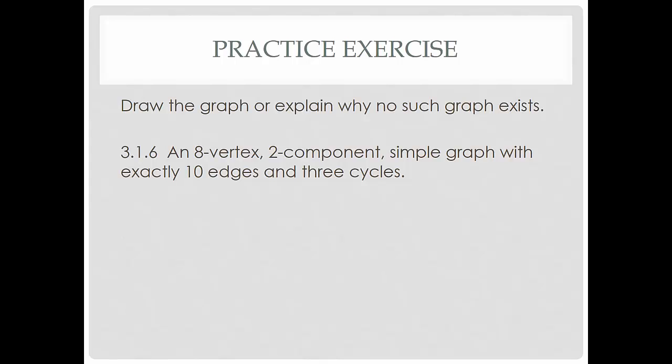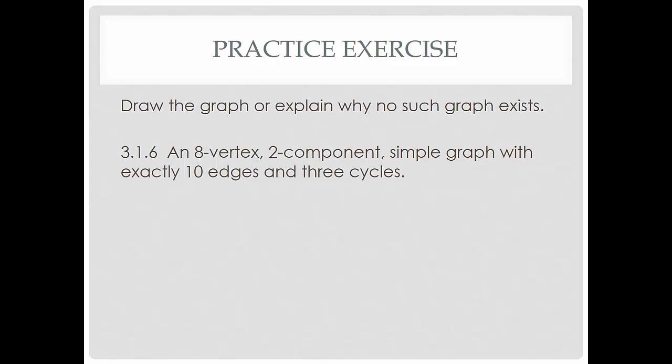So let's look at one of the exercises in the section in our textbook. It says to draw the graph or to explain why no such graph exists. And problem 6 gives the following. The graph has 8 vertices, 2 components. It's a simple graph with exactly 10 edges and 3 cycles.